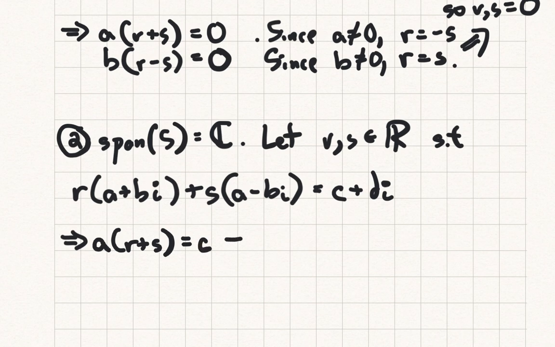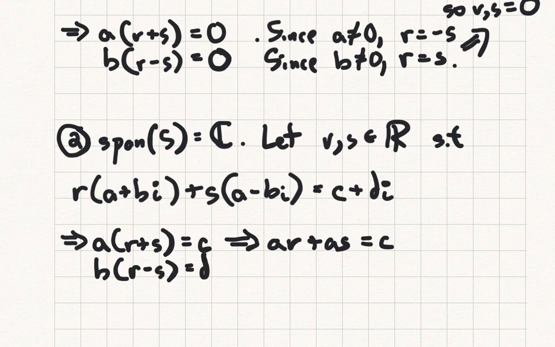And I'm going to rewrite this because I want to use some linear algebra techniques, as ar plus as equals c. And for the second one, I get b times (r minus s) equals d, which I'm going to rewrite as br minus bs equals d.